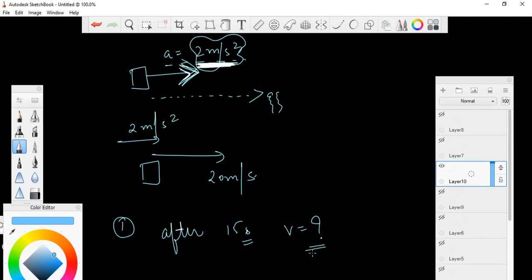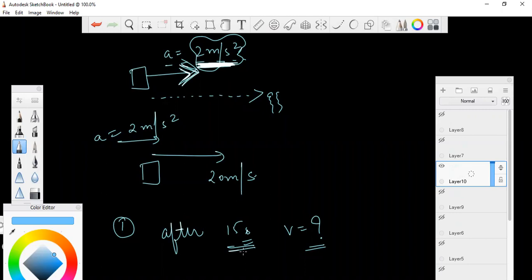Done, sir. So here, what does this mean? If the acceleration is 2 meter per second square, this means every second the velocity is increasing by 2 meter per second. In 15 seconds, how much will the velocity increase? Every second it is increasing by 2. In 2 seconds, it will increase by 4. In 3 seconds, it will increase by 6.